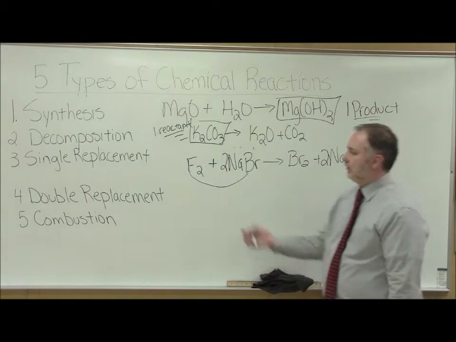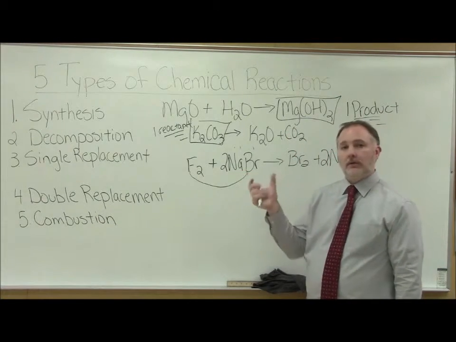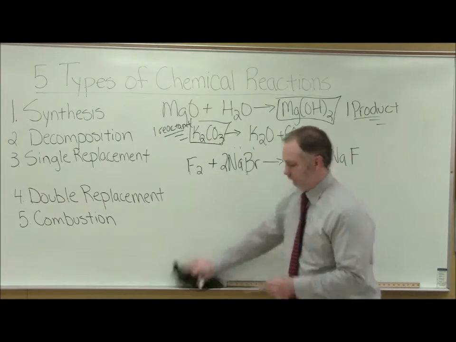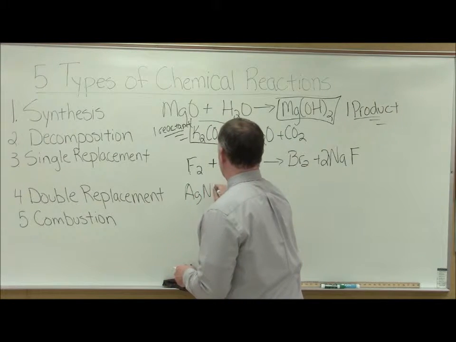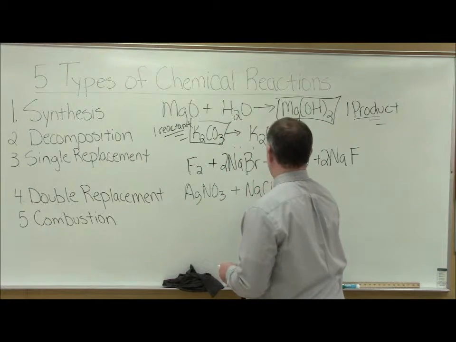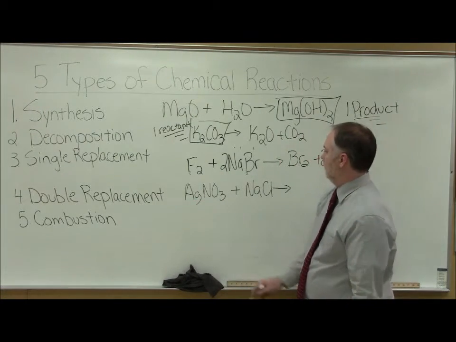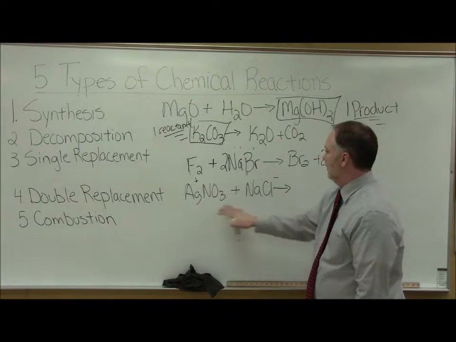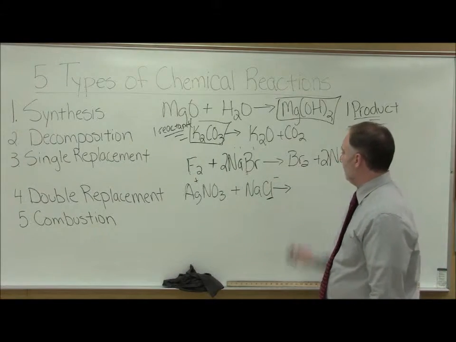Okay. Now a double replacement is I'm going to have 2 compounds like this here, and they're going to switch spots, the cations to the anions. So this Ag is a positive charge, so its new partner is going to be the chloride, which is negative.